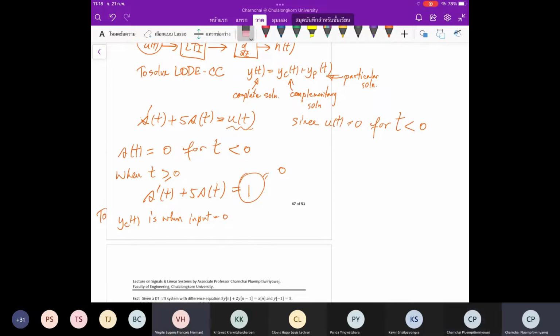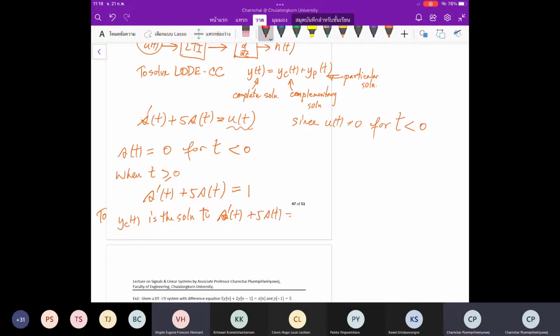If you recall, the complementary solution is actually the homogeneous solution. Let me write it: the complementary solution is the solution to s'(t) plus 5 s(t) equals 0.